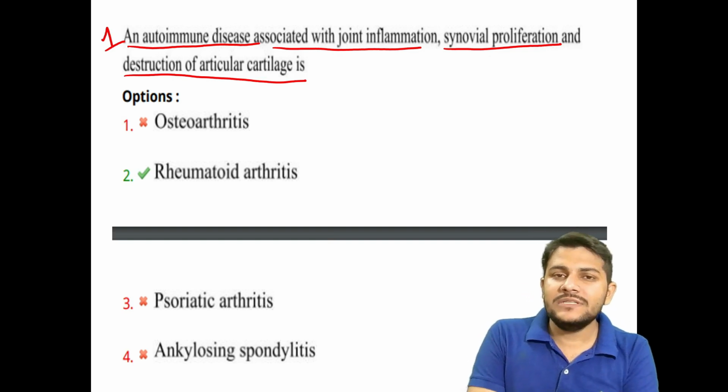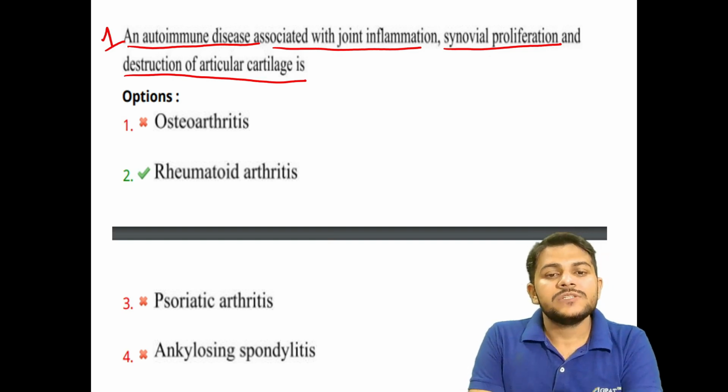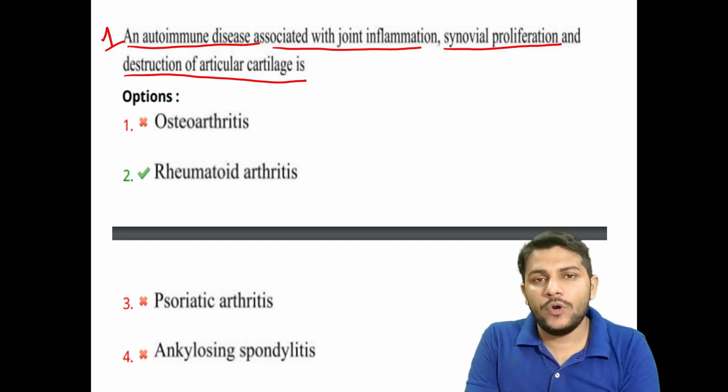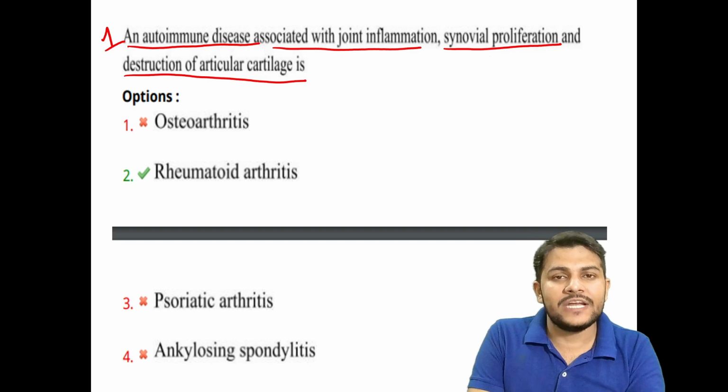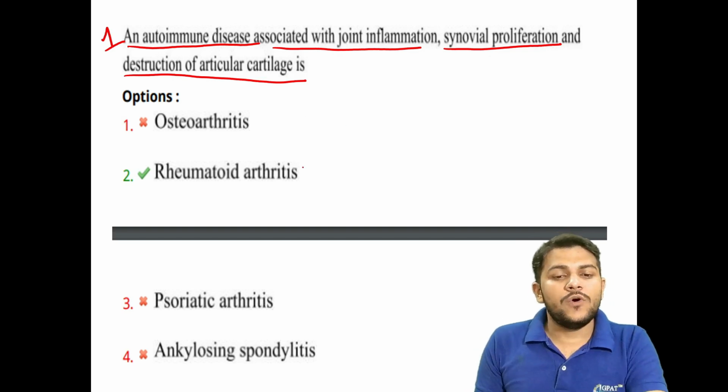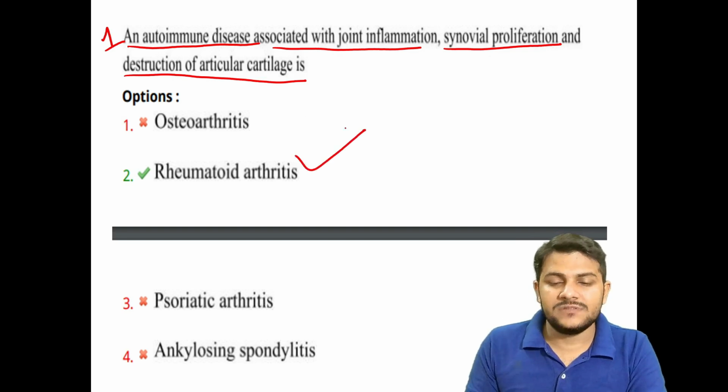In gout, there is uric acid deposition in the joint. Joint inflammation leads to synovial proliferation, where the synovial fluid and synovial cavity proliferate. It is only in rheumatoid arthritis that we have this.